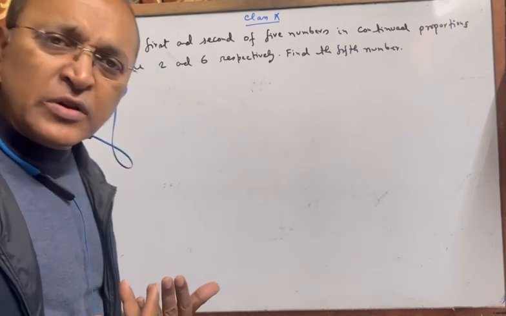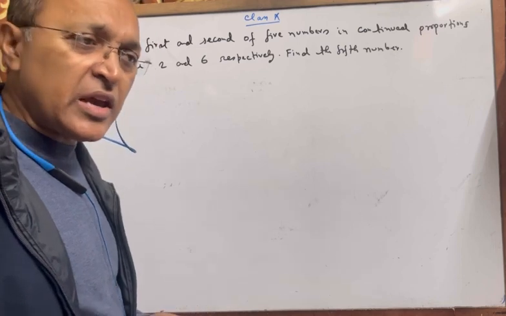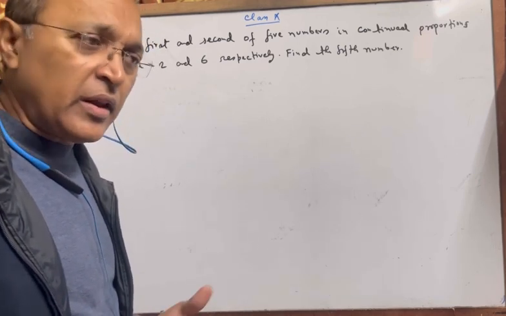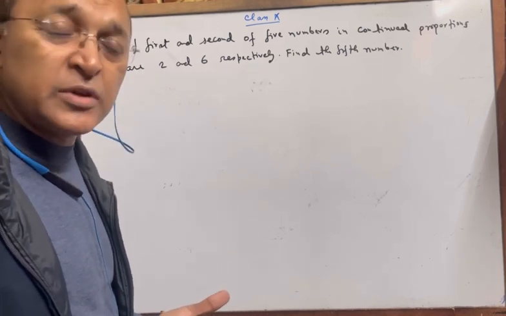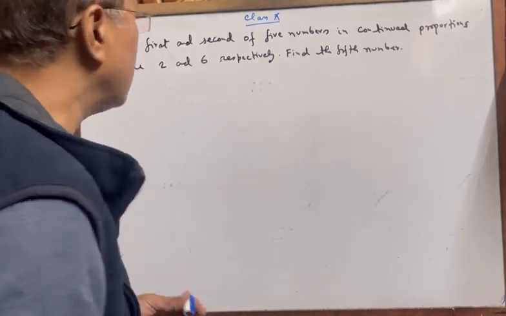All of you know that continued proportion means, say if A, B, C, D are in continued proportion, then A is to B is equal to B is to C is equal to C is to D. So here we are writing like this.